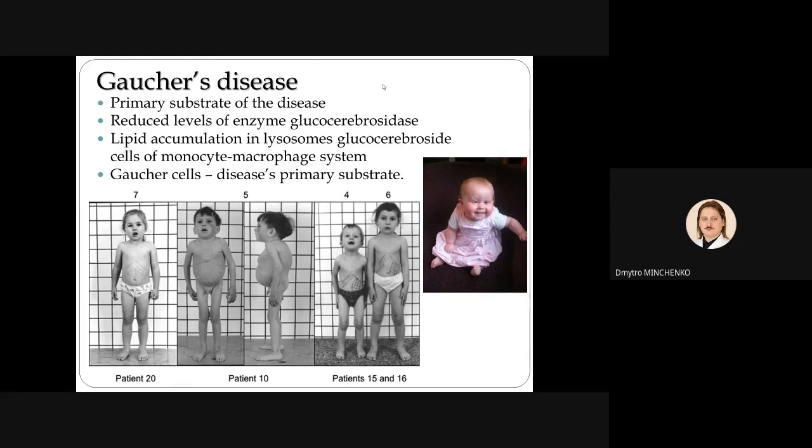Primary substrate of the disease: reduced levels of the enzyme glycocerebrosidase, lipid accumulation in the lysosomes, glycocerebroside in cells of the monocyte-macrophage system, and the appearance of the Gaucher cells, that is the primary substrate.